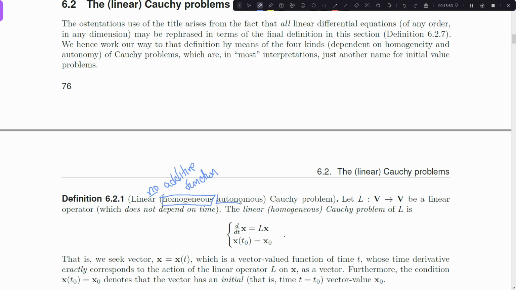And autonomous, we talked about in the previous section, autonomous means L doesn't depend on time, or in other words, L is constant in time. Recall, we're thinking of L as matrices with regards to this book, and homogeneous meaning we're not adding a function onto the end of it.